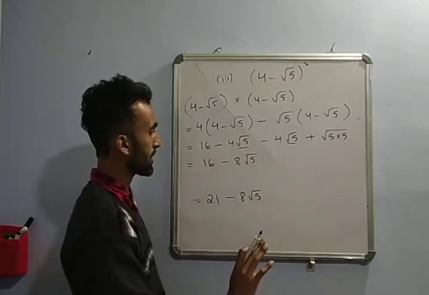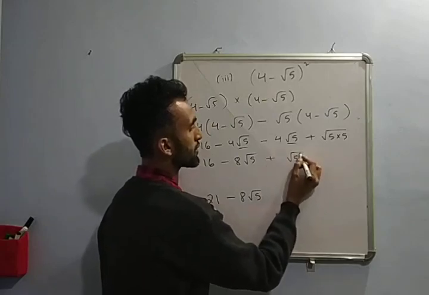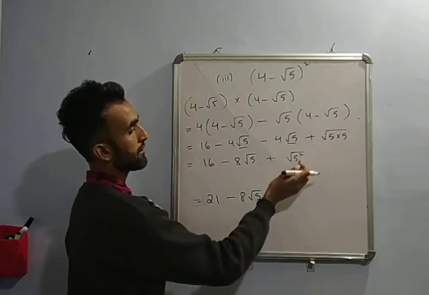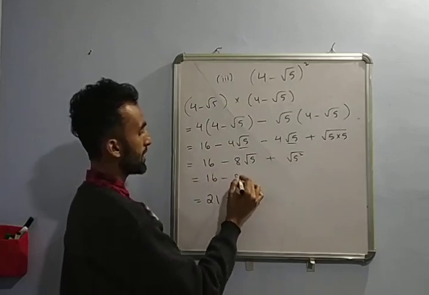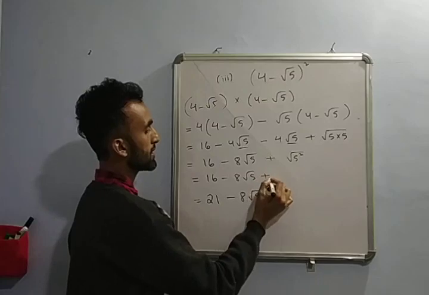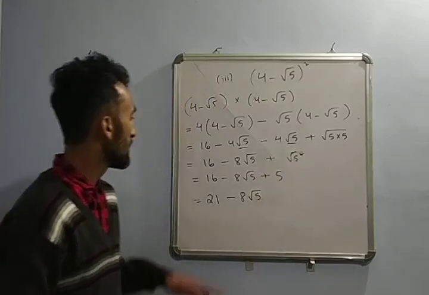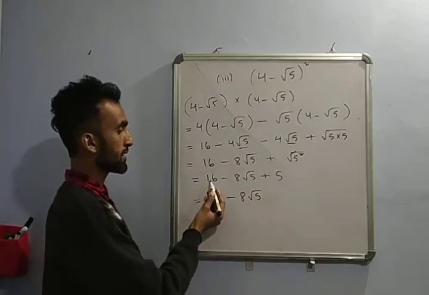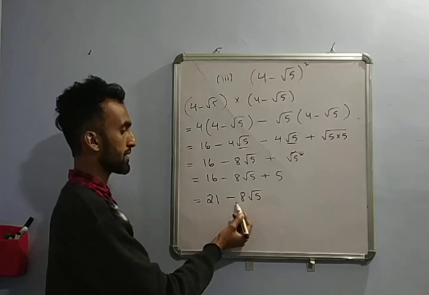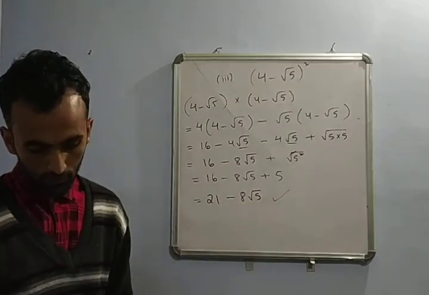Now plus root 5 square, 5 into 5, 5 square. Now 16 minus 8 root 5 plus 5. Square and square root have a pair, so it can come out of the root. Now 16 plus 5, is it not 21? 16 plus 5 is 21 minus 8 root 5. This is the answer. Same way you can do it. No problem.